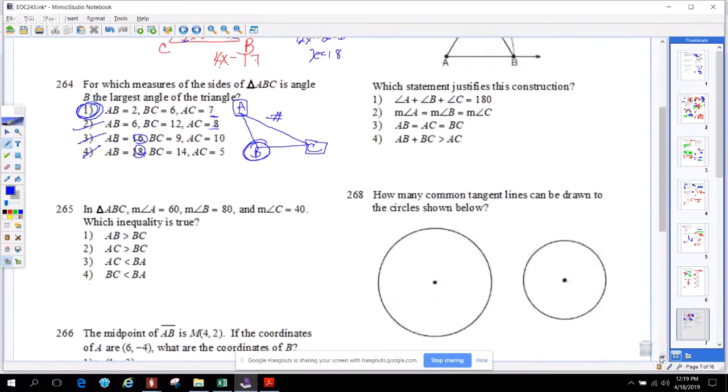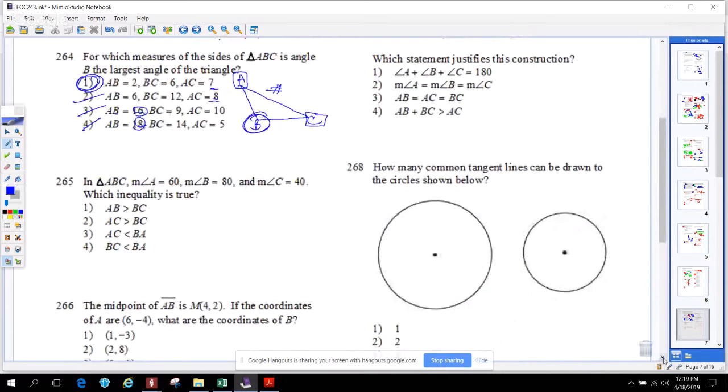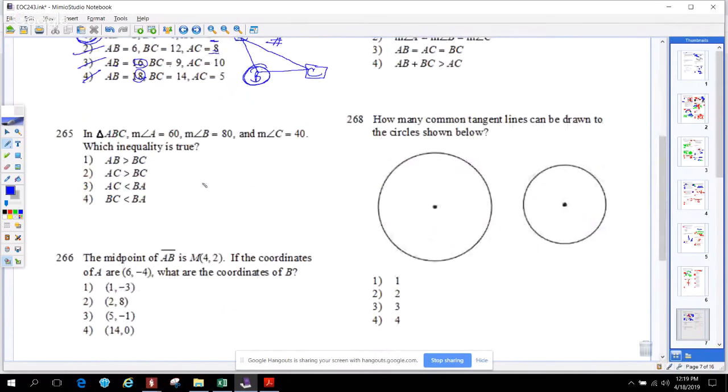Okay, for number 265. Again, we have ABC. That triangle looks awful. B is the biggest one. A is 60. C is 40. Which inequality is true?